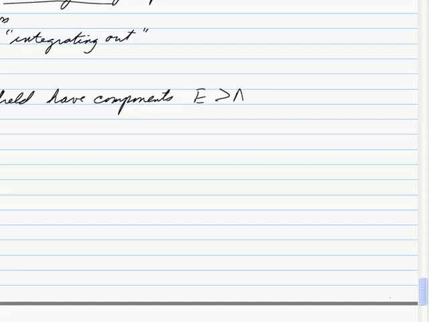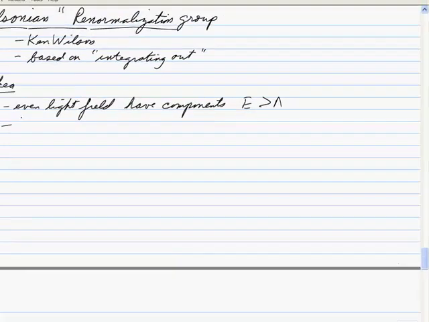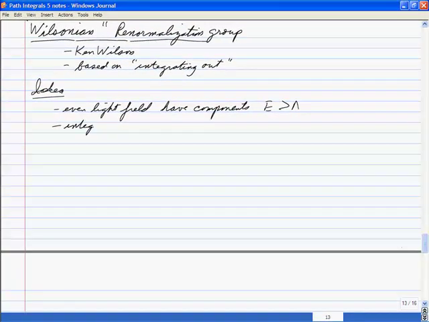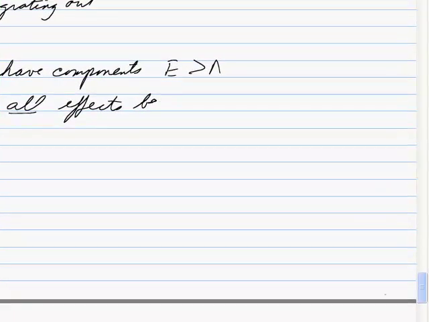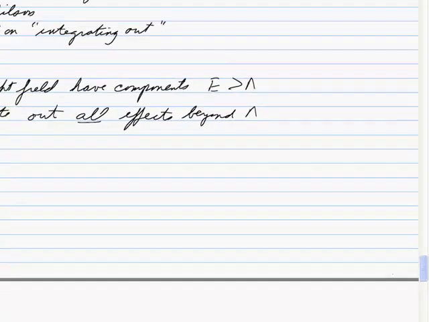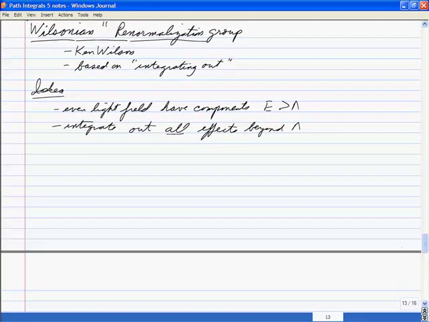Okay. And so Wilson's idea is you integrate out everything, all effects beyond some scale. So you not only integrate out heavy particles, you integrate out the high energy components of your light fields also.